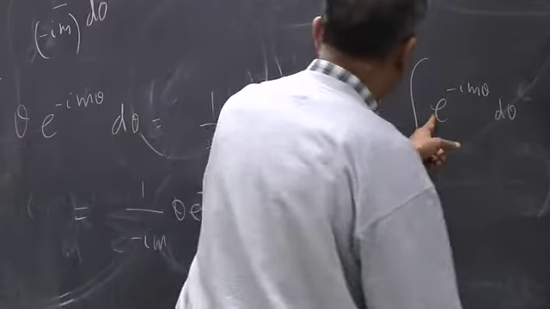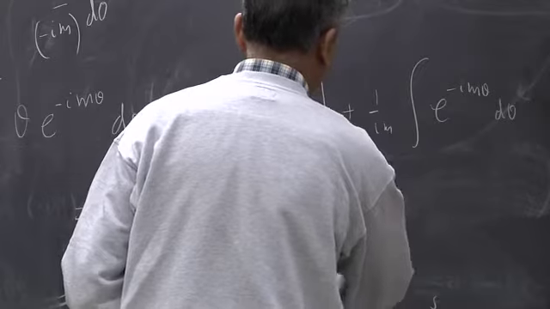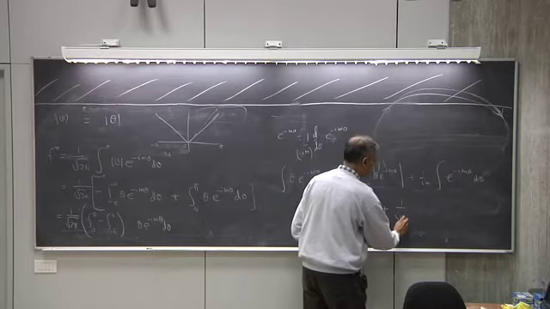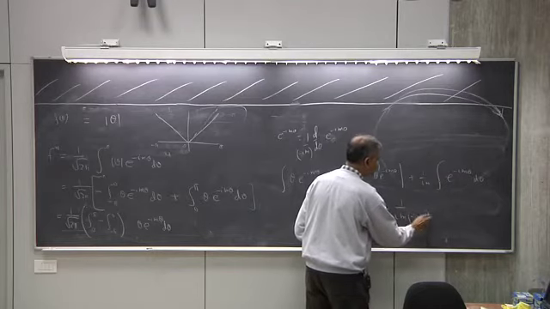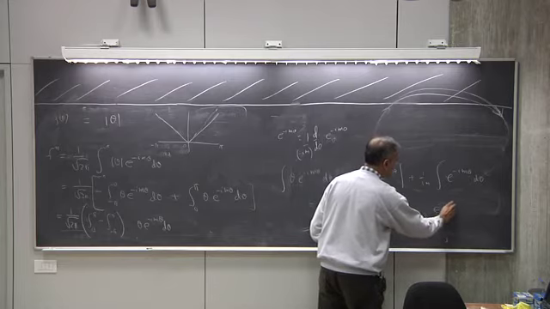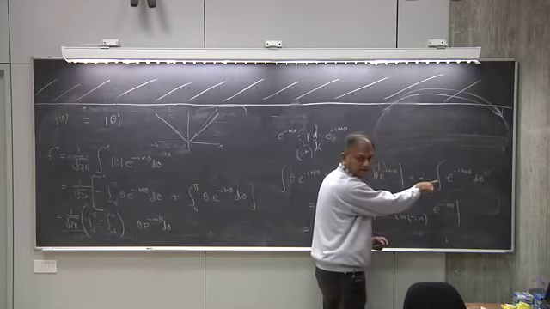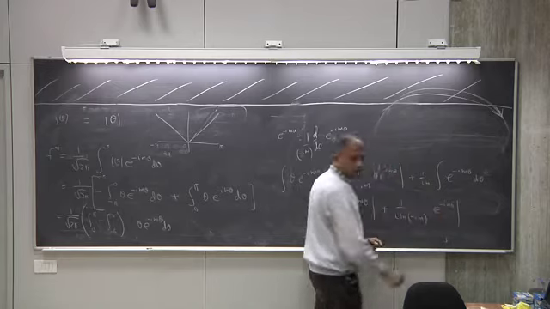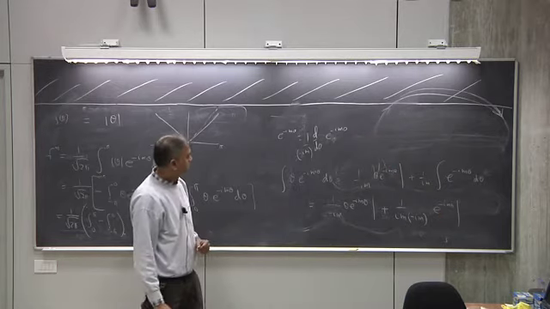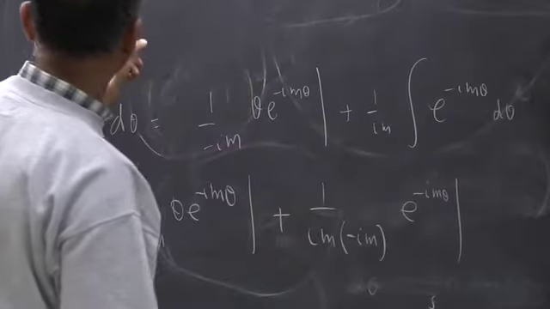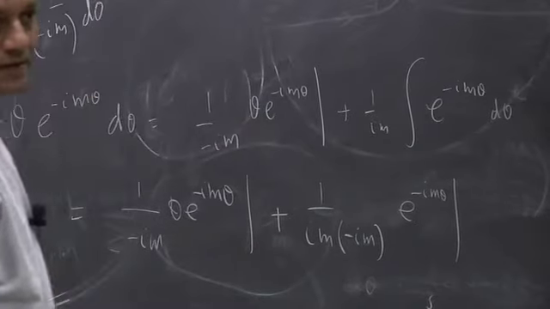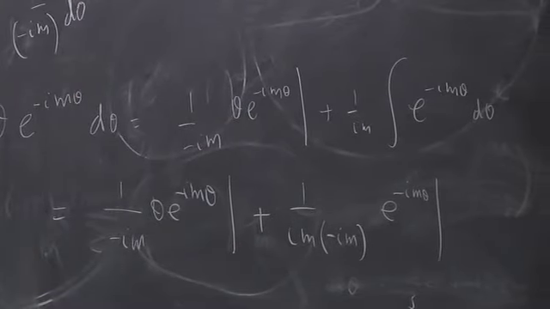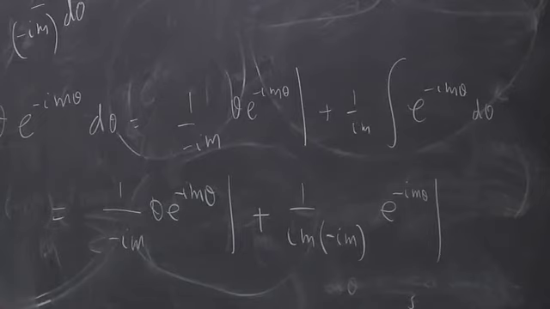And here I will get again plus 1 over i m times minus i m e to the minus i m theta, but you can integrate directly, right? Again, the boundary values. Write this as that, and then just get the boundary values. Okay, so let's evaluate these things.